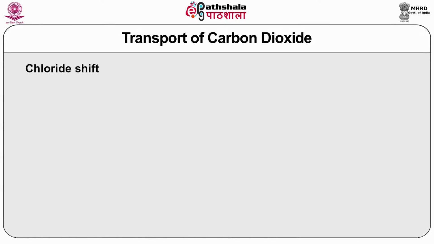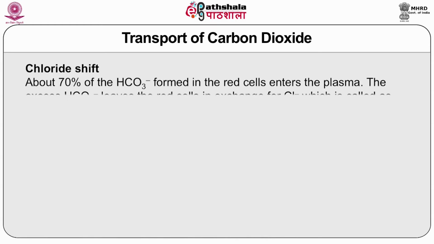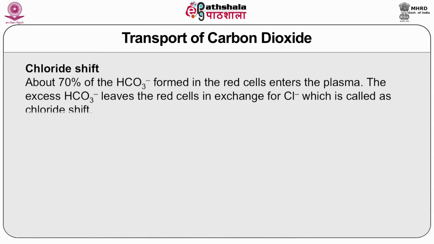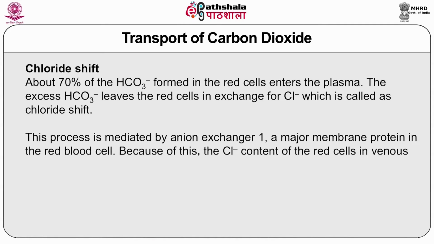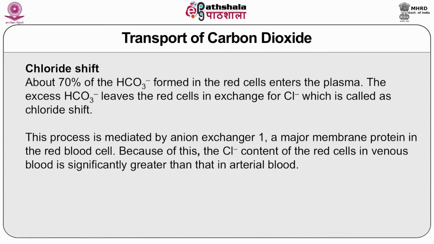About 70% of the HCO3 minus formed in the red cells enters the plasma. The excess bicarbonate ions leave the red cells in exchange for chloride, and this is called the chloride shift. This process is mediated by anion exchanger 1, which is the major membrane protein in the red blood cells.